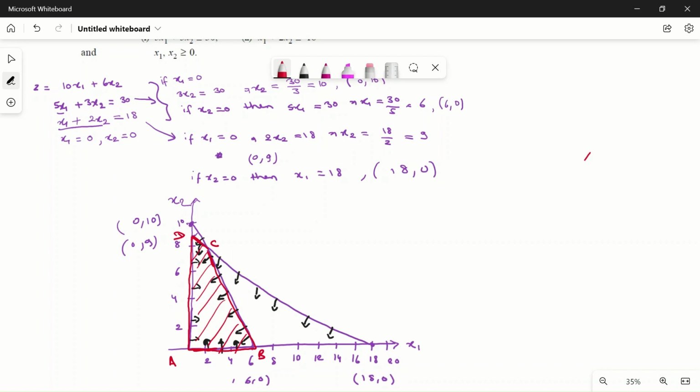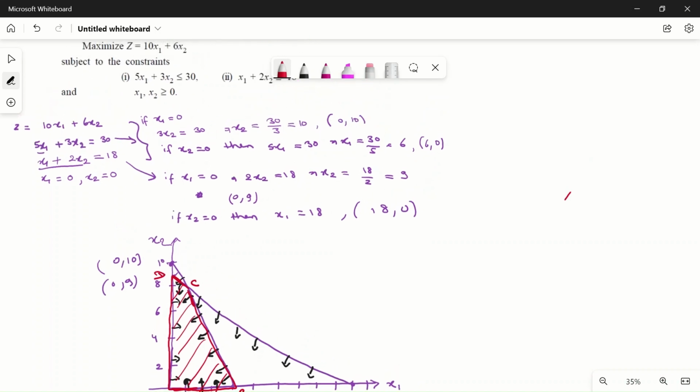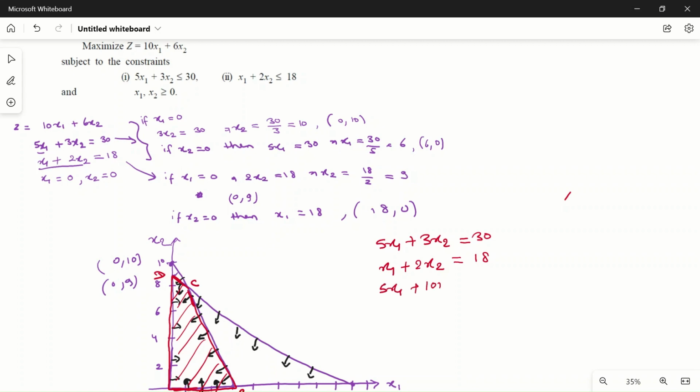So what are the coordinates of point C? We have not calculated them. The coordinates of point C can be found because these two lines intersect at point C. So we can solve these two equations: 5x1 plus 3x2 is equal to 30, and x1 plus 2x2 is equal to 18. If we multiply the second equation by 5, we get 5x5 plus 10x2 is equal to 90.